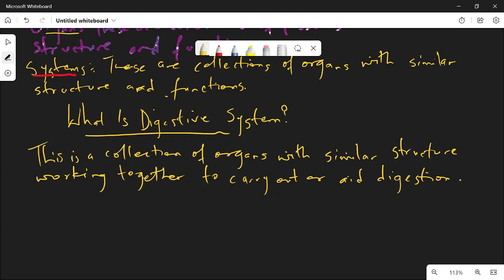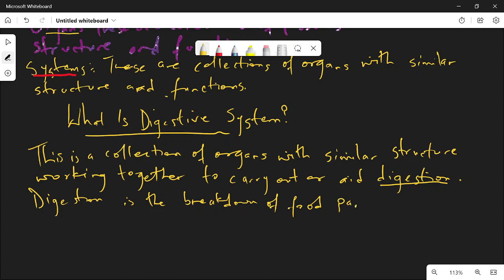So like I was saying, digestive system is a collection of organs with similar structure working together to carry out or to aid digestion. Now when we say that, what actually is digestion? Digestion is the breakdown of food particles to generate energy. That is what digestion is about. The breakdown of food particles to generate energy that is being used by the body.